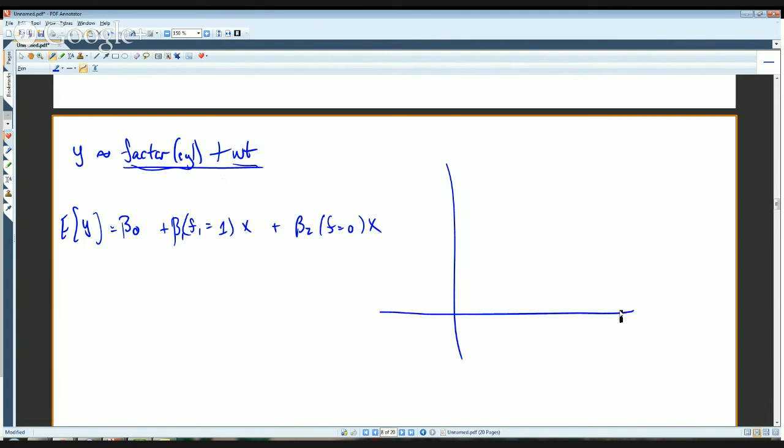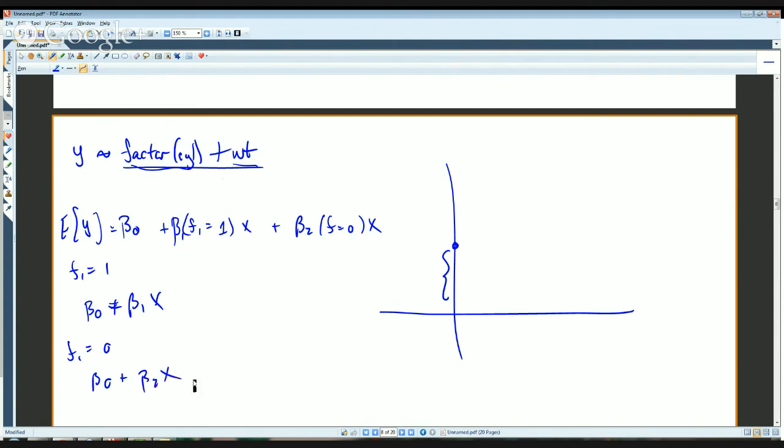It's your model. What you're saying is, let's see, so what does this mean? So if factor 1 equals 1, you get the expected value of y equals beta naught plus beta 1x. And when factor level 1 equals 0, you get beta naught plus beta 2x.